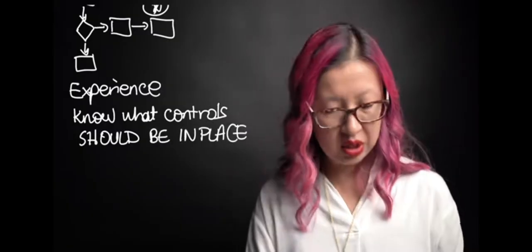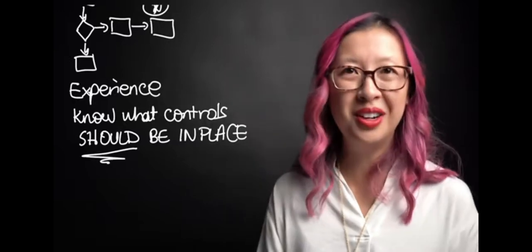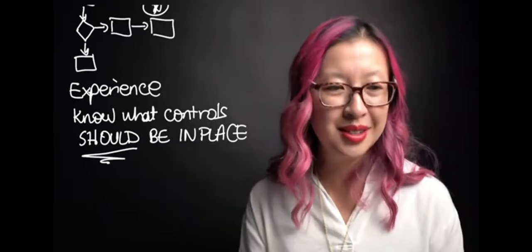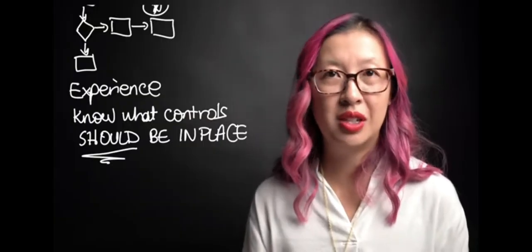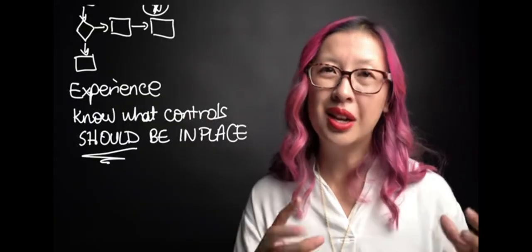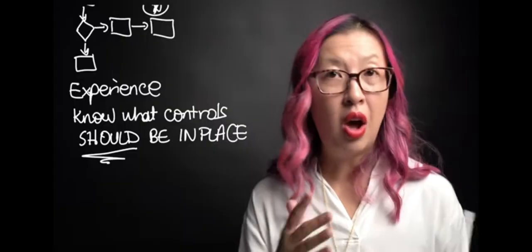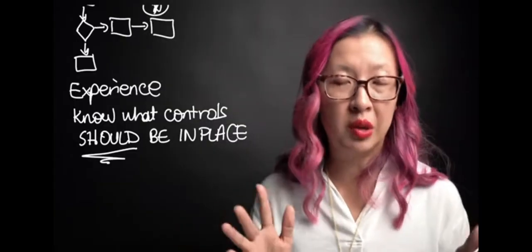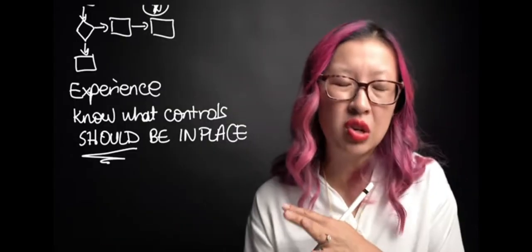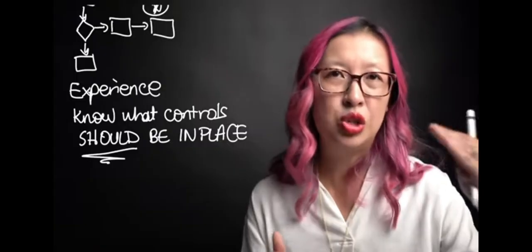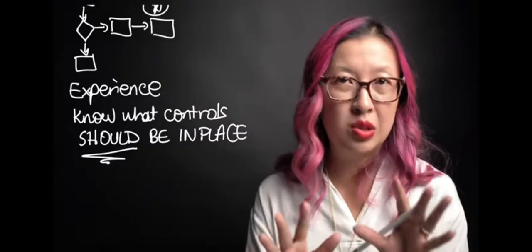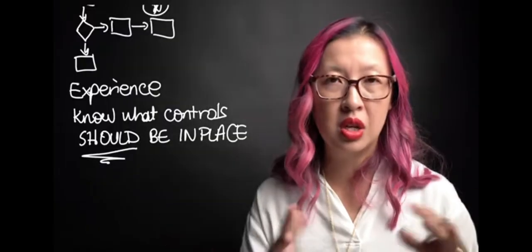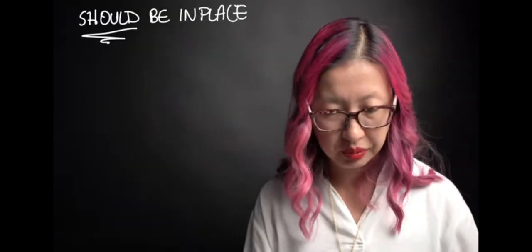Now, that is really difficult because if you're a new auditor, knowing what should be in place is not really that easy. That's quite difficult to actually figure out how to do. So, if you've got a lot of experience, option 1 works really well because you might know a lot about an industry, and then you can say like, yeah, there should be this control. I've seen this on other clients. So that's option 1, which is like just evaluating the process just on face value.